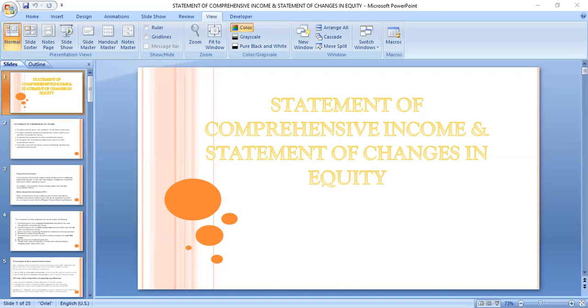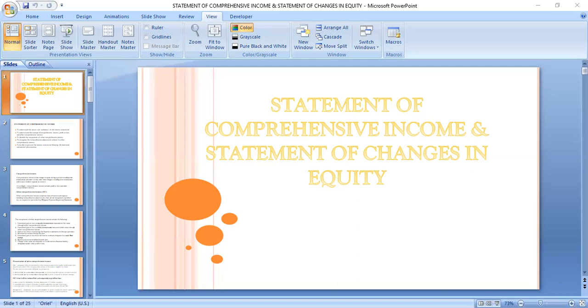So we have now the functional presentation, which is the traditional and common form of income statement. The functional presentation is known as the cost of goods sold method. This form classifies expenses according to their function as part of the cost of goods sold, distribution cost, administrative activities, and other activities.